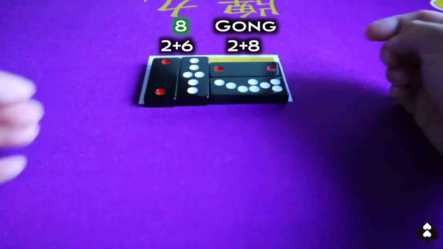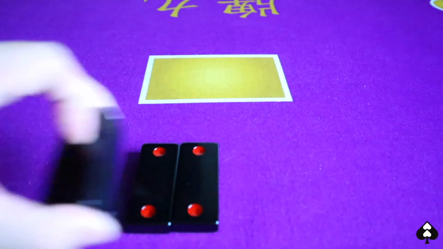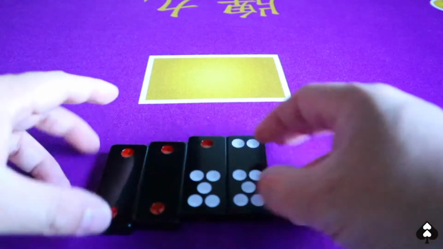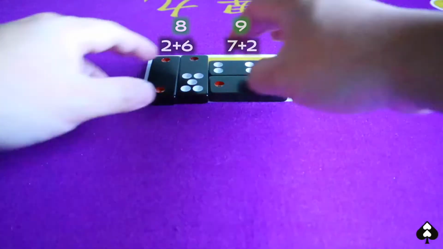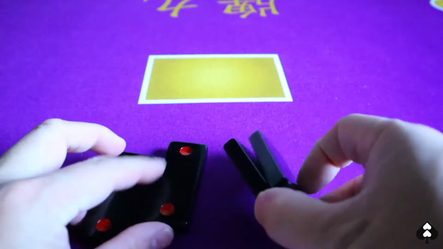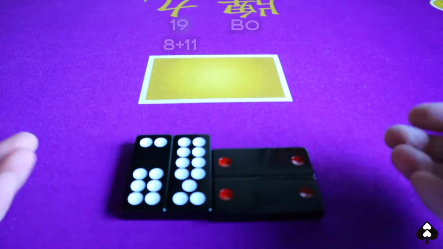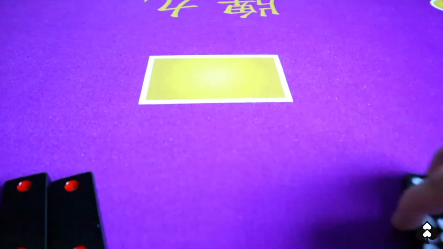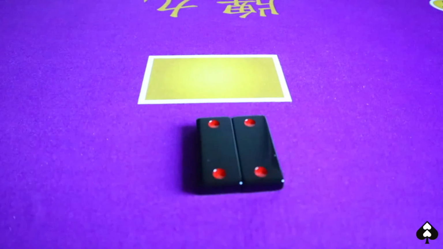Eight, gong. Eight, nine. And the last one. Nine, bow. Okay, so do that with the day tiles and do that with the teen bow as well.